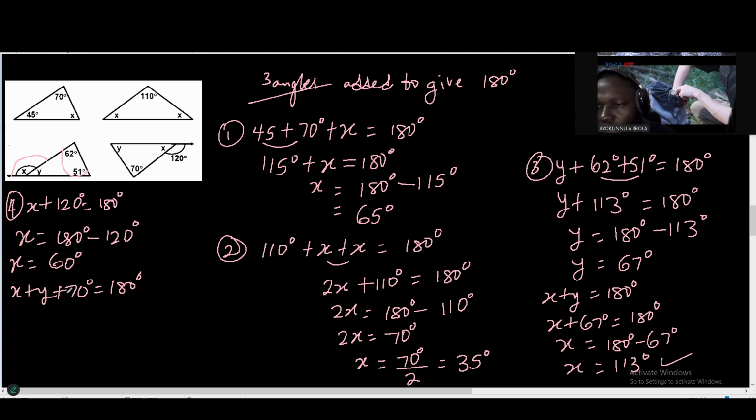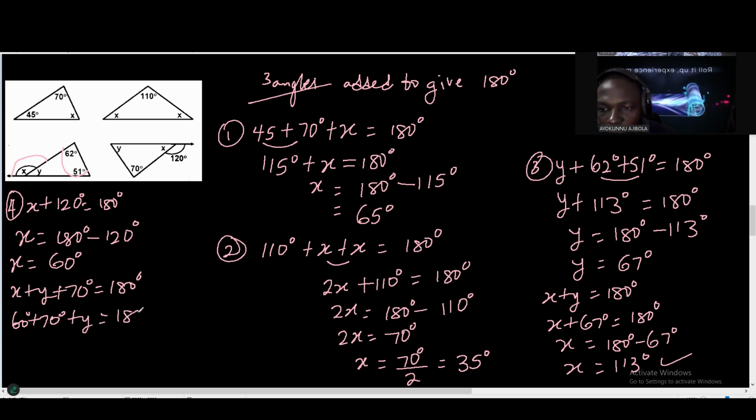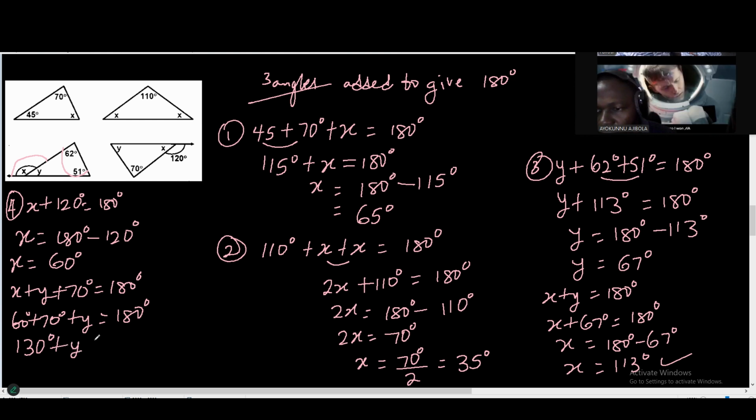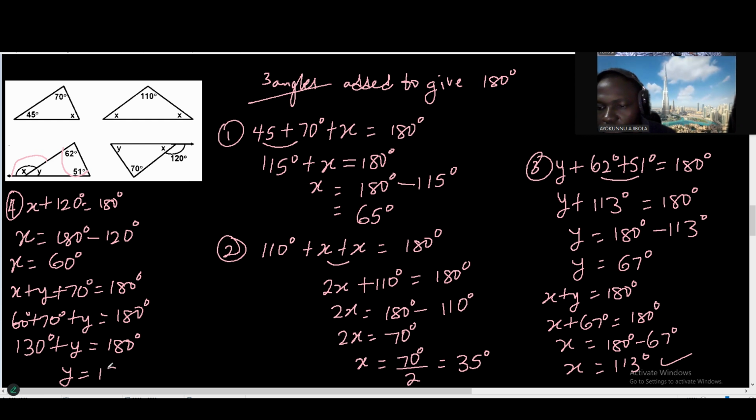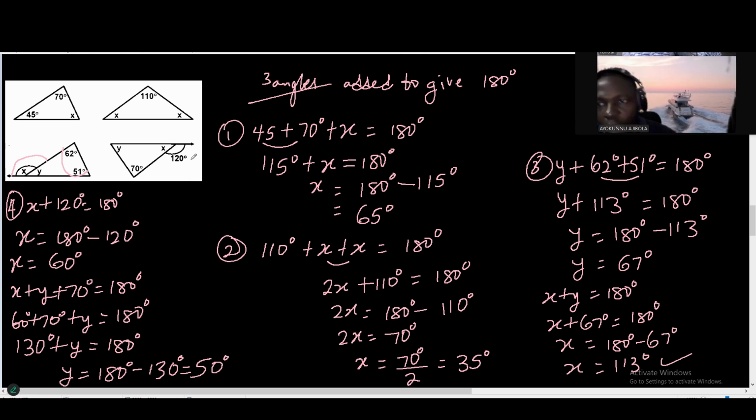And x is 60, so 60 plus 70 degrees plus y equals 180 degrees. We speculated that y should be 50, so let's check it. 130 degrees plus y equals 180 degrees. So y is 180 degrees minus 130 degrees, and that will be 50 degrees.